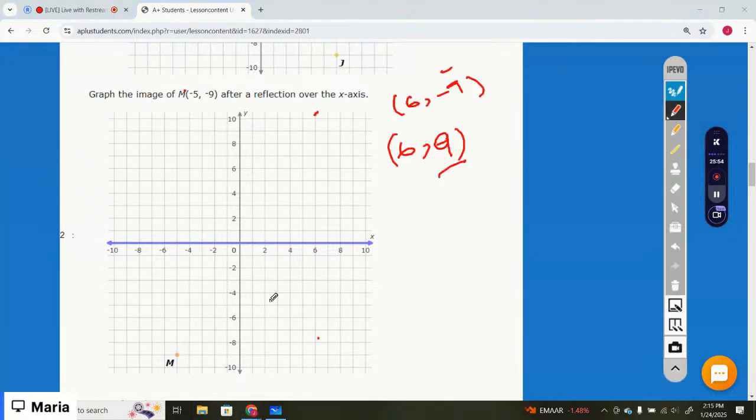The reflected point, because that is the reflection over the x-axis, means just the value of the y coordinate is changed, right?